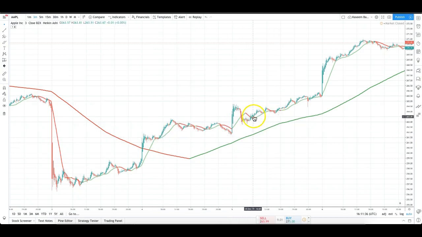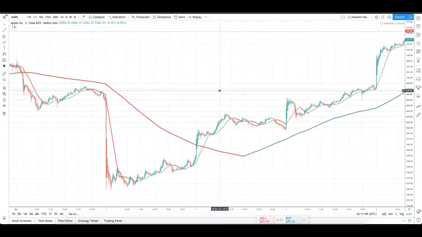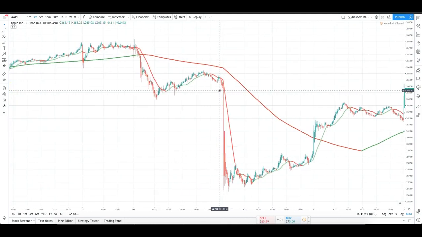That's the only time you want to enter, because when prices are far from the moving average, it could end up just going down, because when trading you really don't know what's going to happen next.